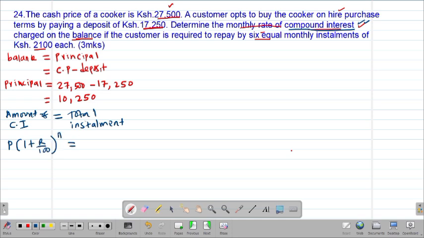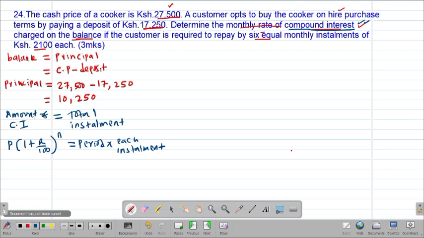This should give us the total installment, which is the period of investment multiplied by each installment. This is the formula that will help us get the rate R.